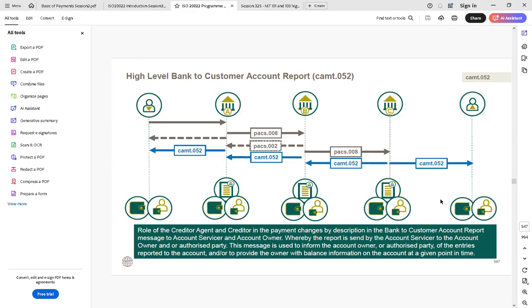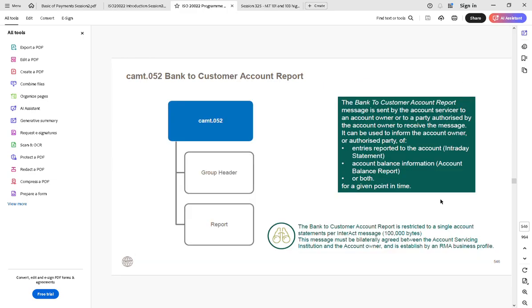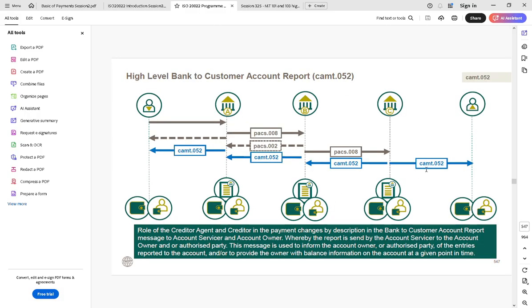So first is entries reported on the account, intraday statement and account balance information. So that's why it is mentioned here as 2 points. This is your statement and this is the balance available with this C. It is sending to B. From B it is sending to A. Okay, there are many use cases and how CAMT.052 is derived on the balance side.